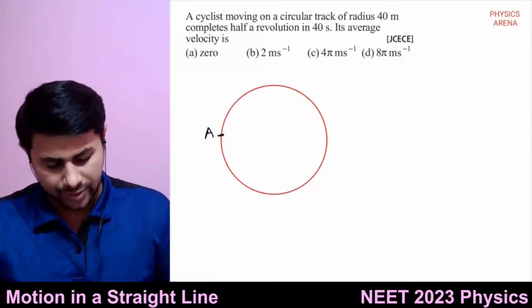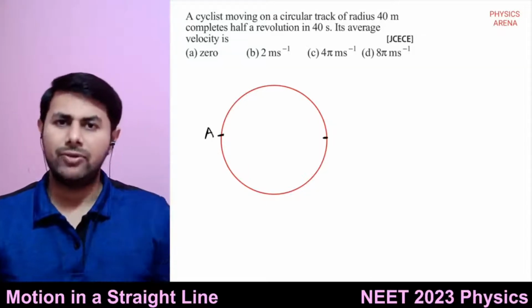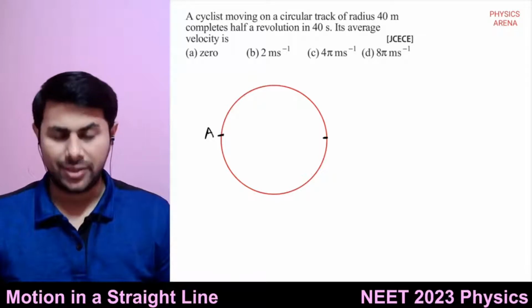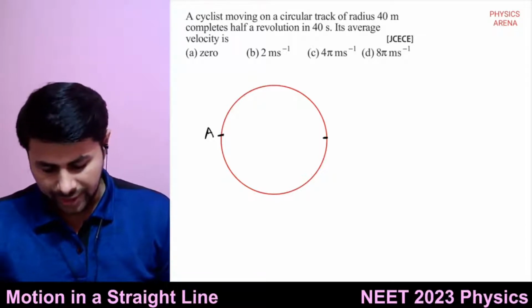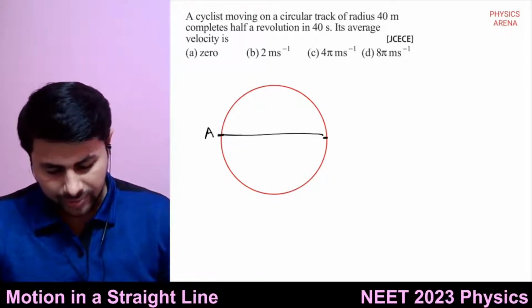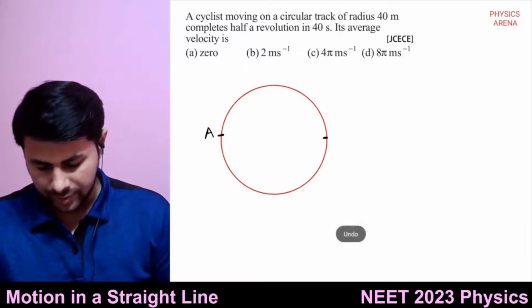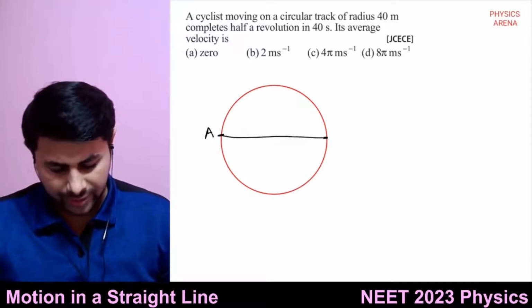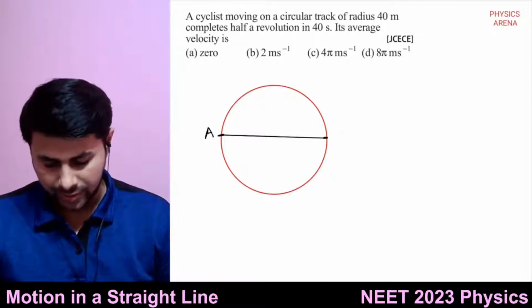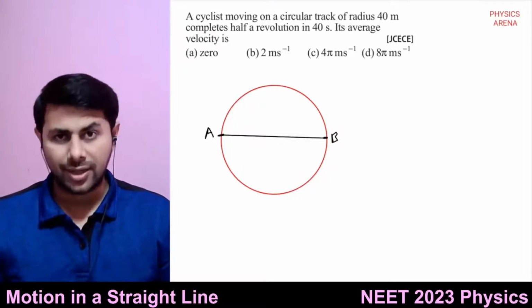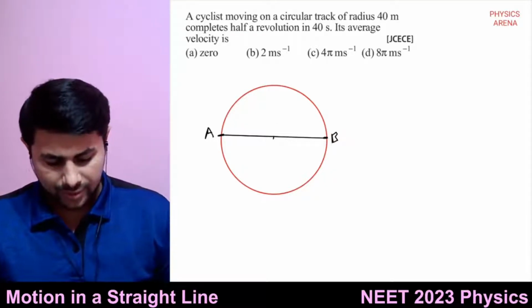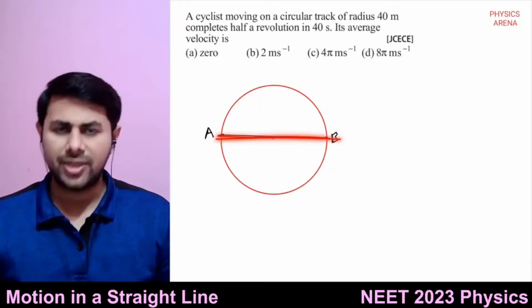In half revolution we will move to the diametrically opposite point. So how much is the displacement? Displacement is this much, which is equal to 2 times r, right? So displacement is 2r.